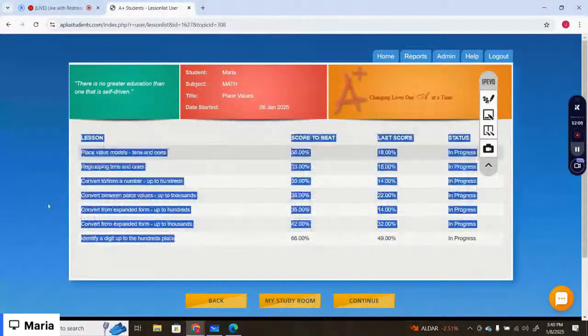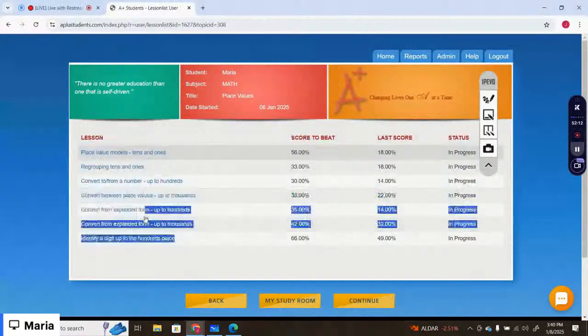The lessons we have covered today are convert from expanded form up to 100, convert from expanded forms up to thousands, and identify a digit up to hundreds place. So please make sure before the next session you complete all the practice questions for the lessons we just did. That is your homework until next session.